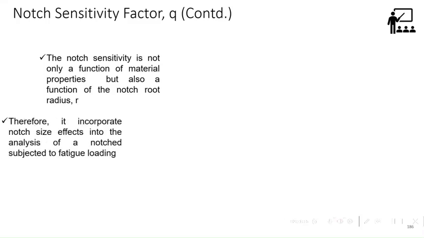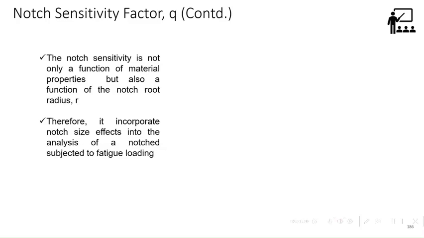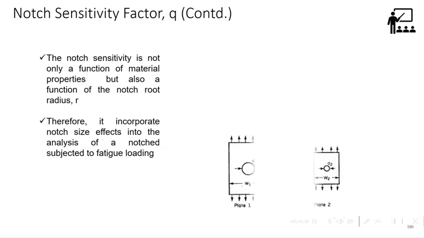So the notch sensitivity is not only a function of material properties, but also a function of the notch root radius that we saw. Therefore, it incorporates the notch size effects into the analysis of a notch subject to fatigue loading. What it says is, if you have two plates of the same material but with geometries 1/10 of each other, as an understanding we are taking 1/10, though it can be different.